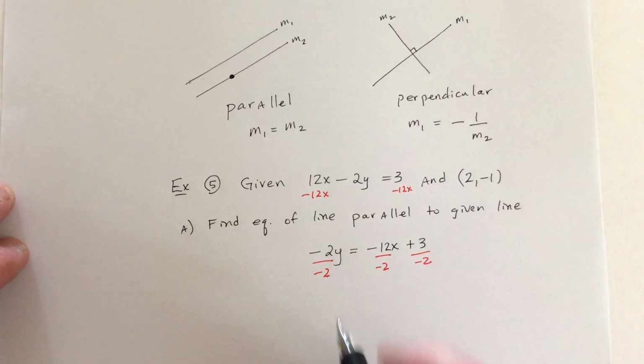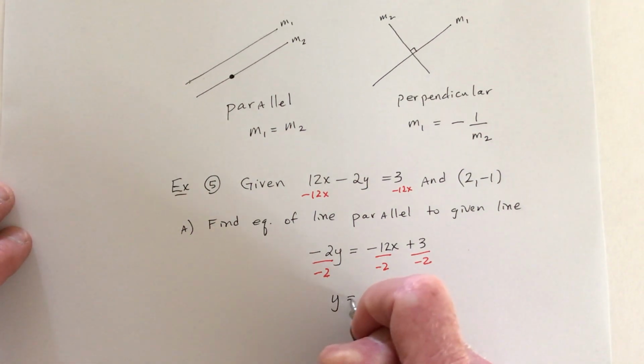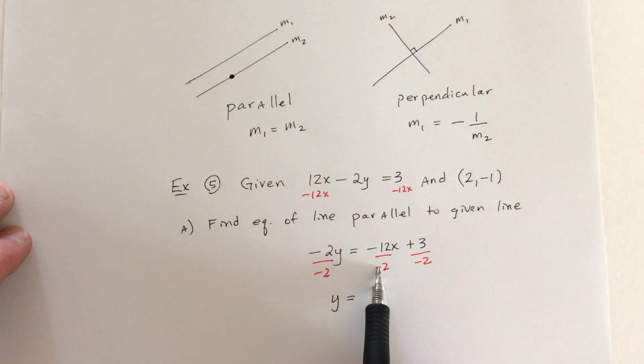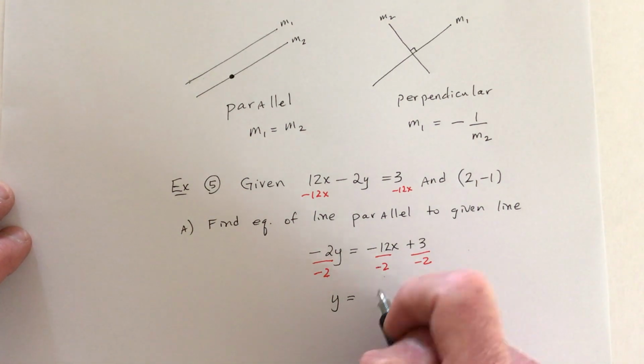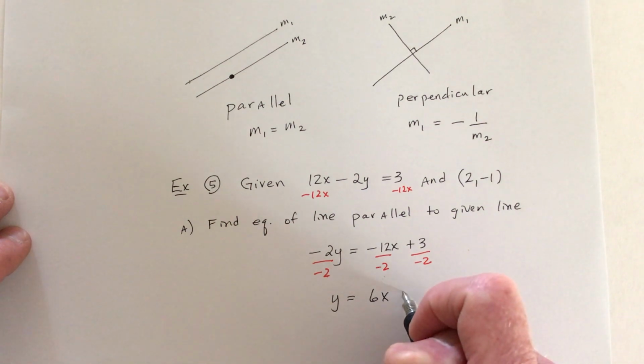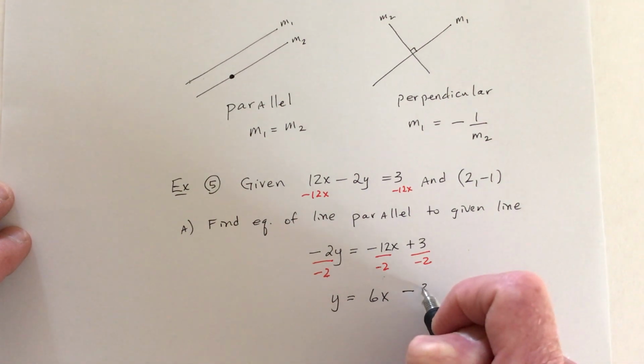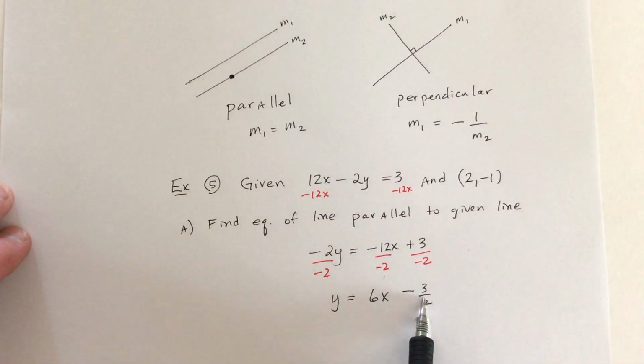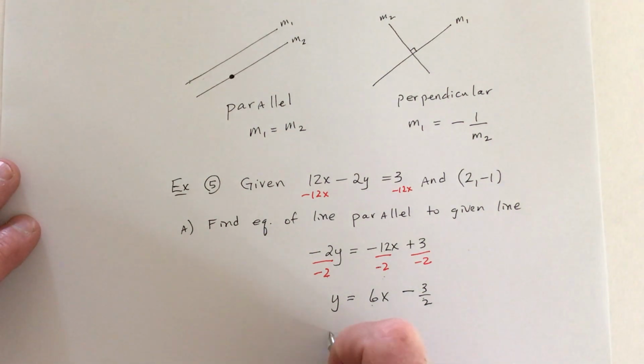So these are going to cancel, leaving y equals a negative divided by negative is positive, and 12 divided by 2 is going to be a 6. So this is going to be 6x, and then minus 3/2, which doesn't really matter because I just needed to know what's the slope. So the slope is equal to 6.